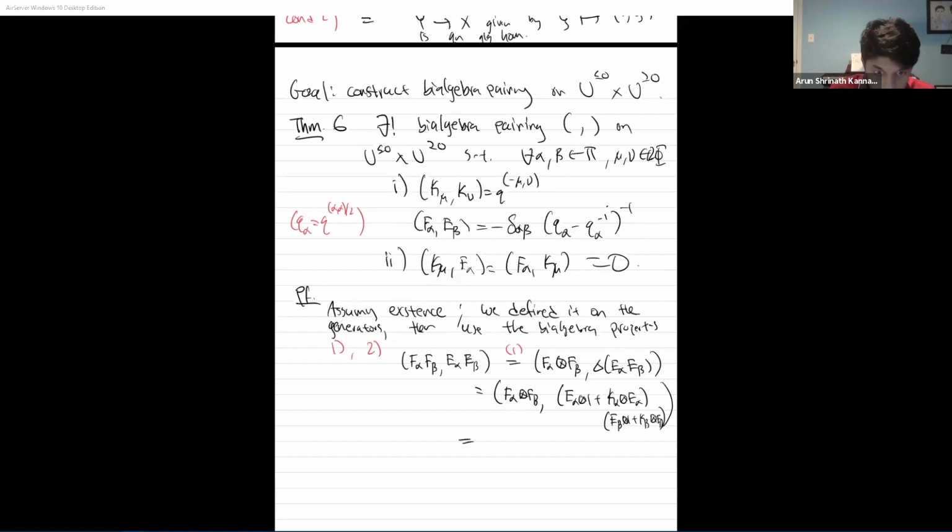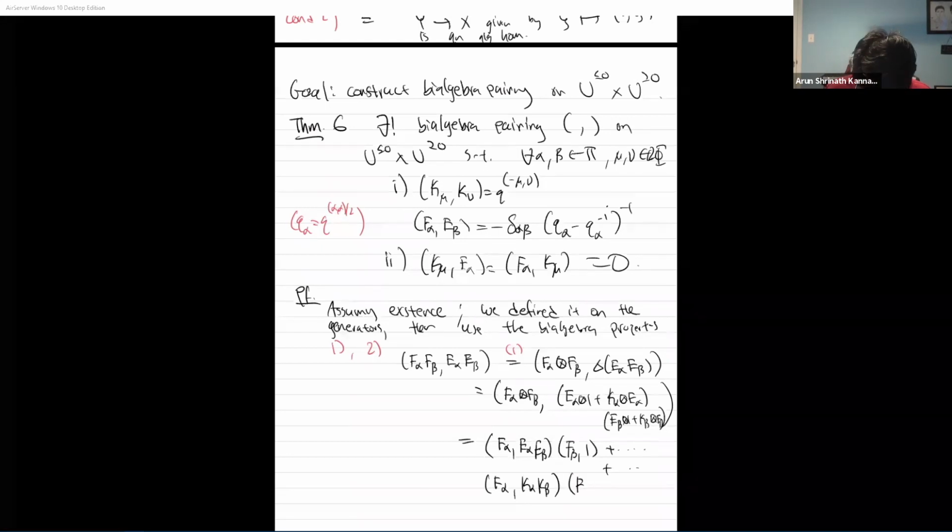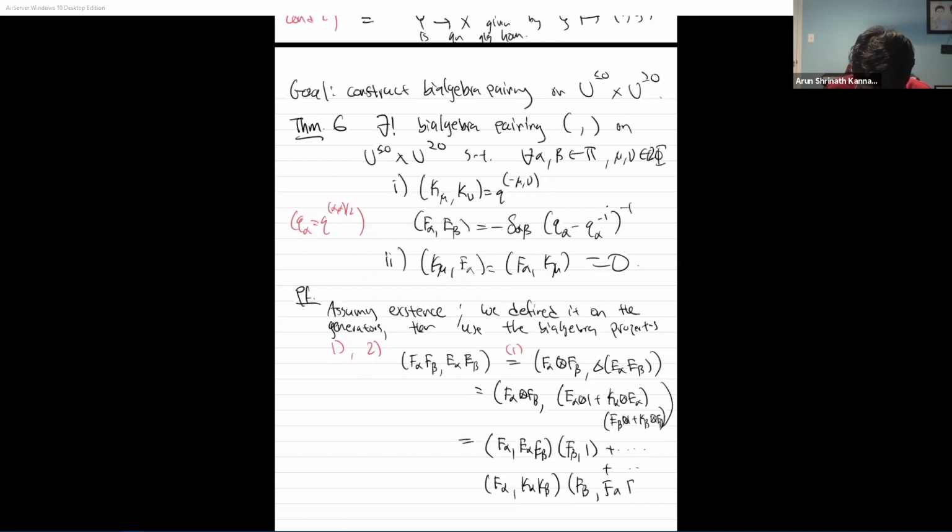Okay, and then I'm not going to expand it out fully, but because, as we said, we defined the pairing also on the tensor product, this becomes f alpha e alpha times e beta times f beta 1 plus dot dot dot plus some middle terms, and then expanding out the last term, it'll be f alpha k alpha k beta, which is k alpha plus beta, times f beta f alpha f beta e alpha e beta.